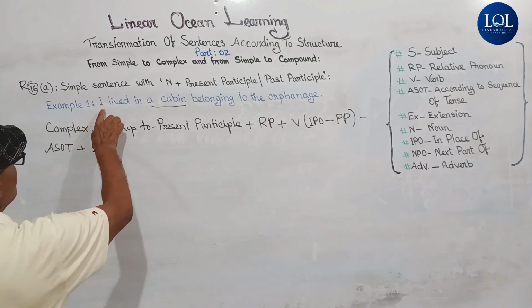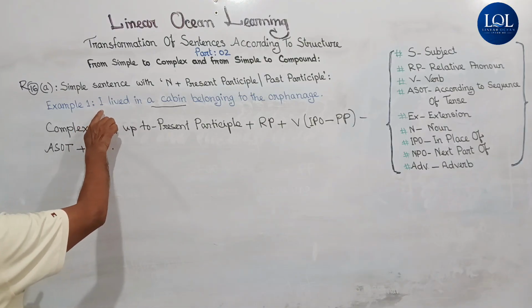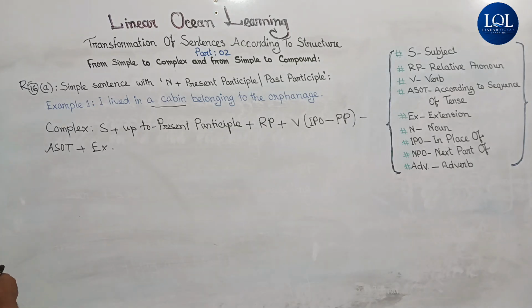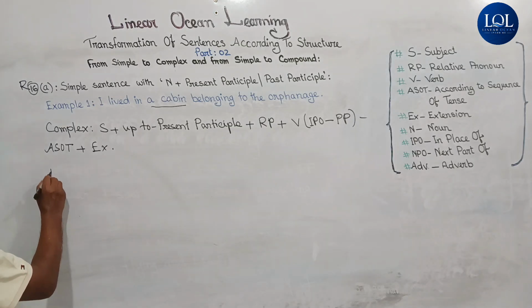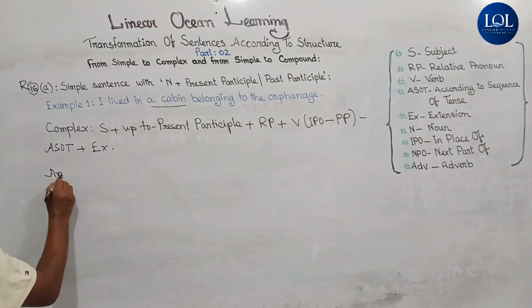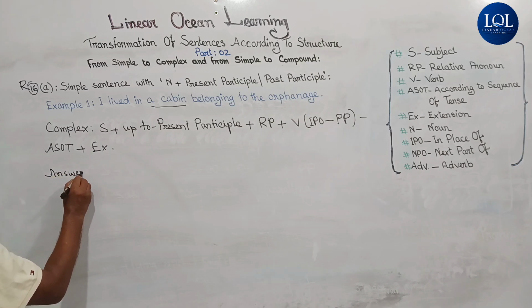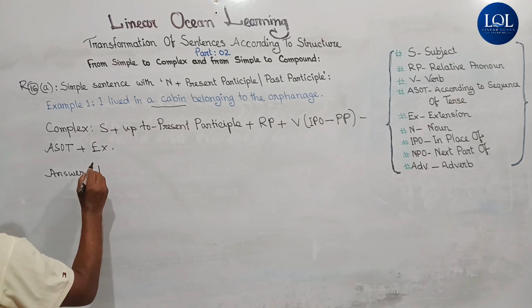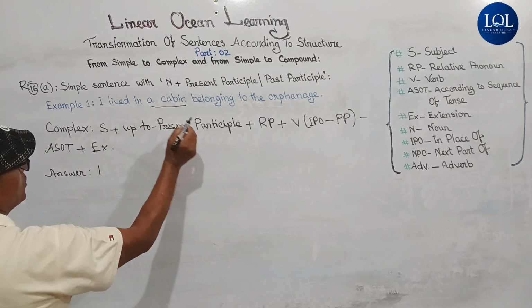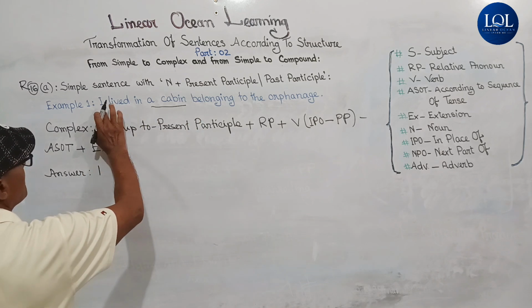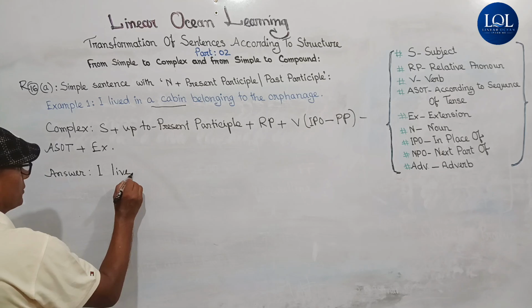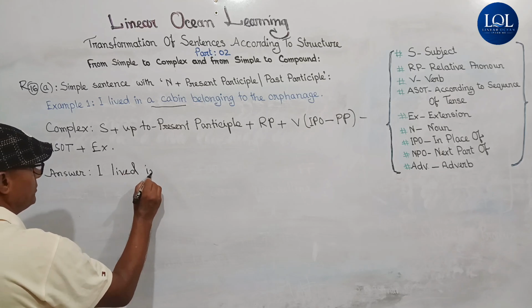Subject, here in the simple sentence, I lived in a cabin belonging to the orphanage. Here the subject is I. Then up to present participle is: I lived in a cabin.